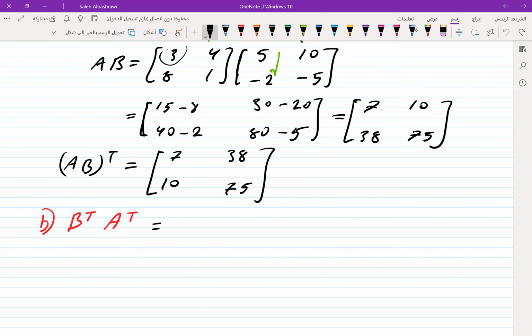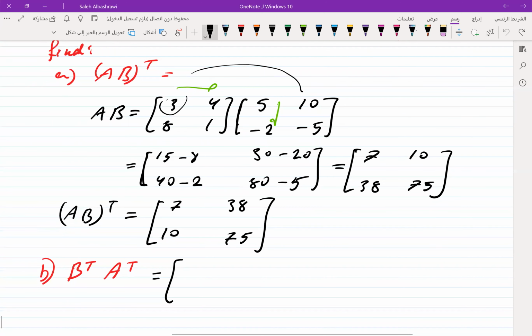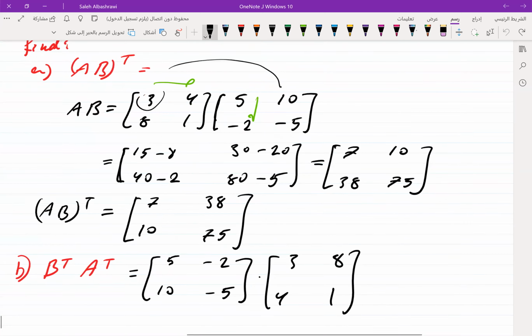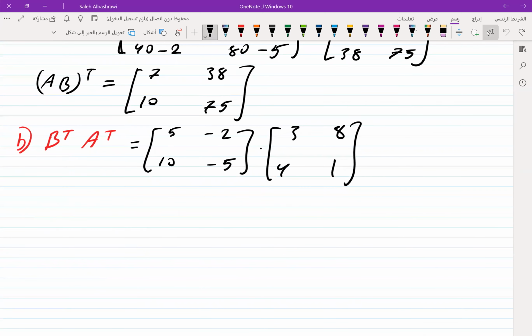B transpose is given by 5, 10, minus 2, minus 5. And A transpose is given by 3, 4, 8, 1. Let's find the product of these two matrices, which is equal to: 5 times 3 is 15, minus 2 times 4 is minus 8.